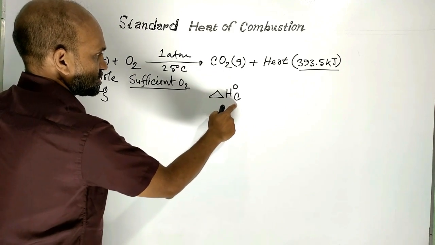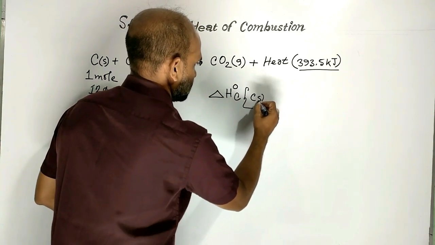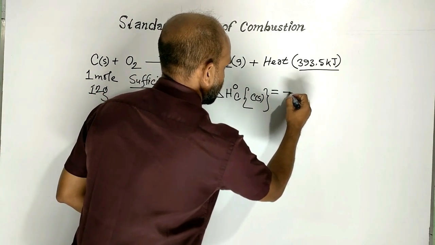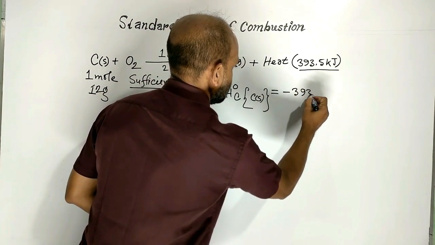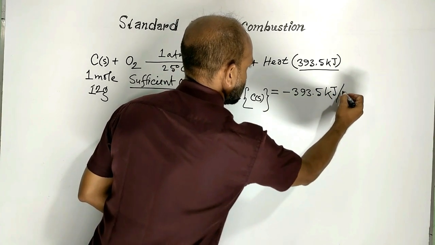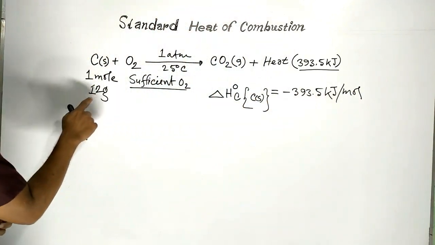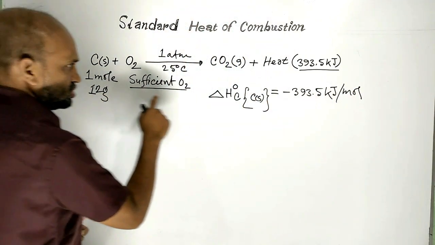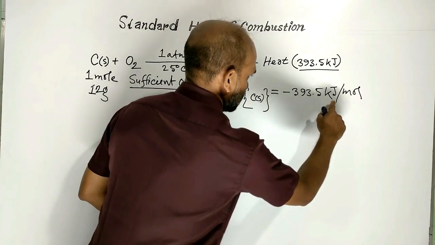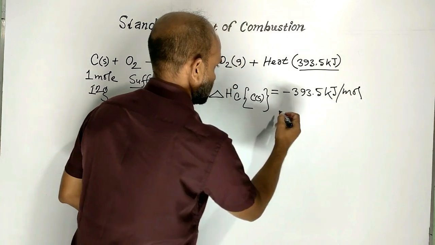Standard heat of combustion of carbon is minus 393.5 kilojoule per mole. Here, from 1 mole, this amount of heat is produced. That is why the unit is kilojoule per mole.